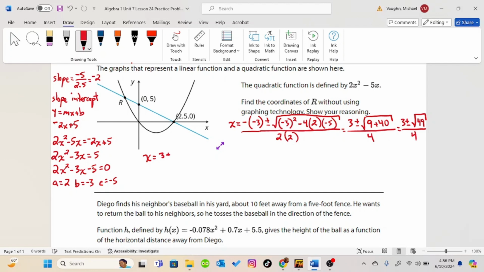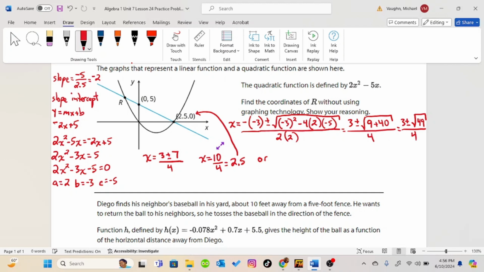The square root of 49 is plus or minus 7. So we have two options. Either 3 plus 7 is 10, and 10 divided by 4 is 2.5, and that would be this intersection right here.